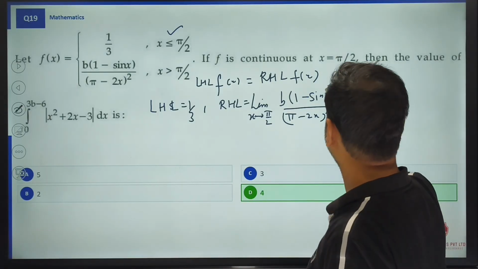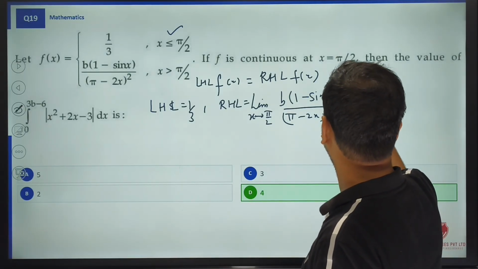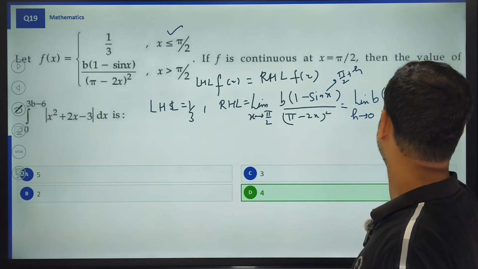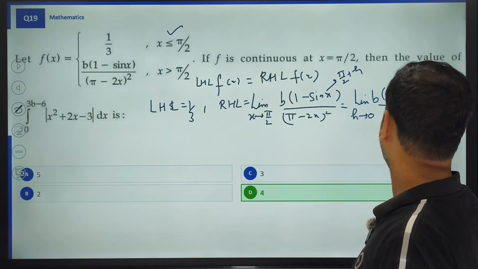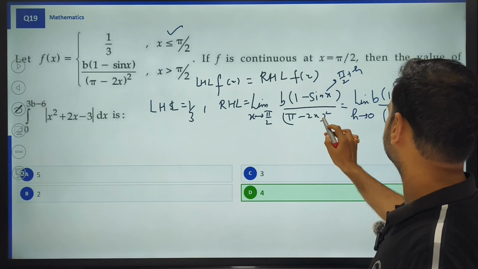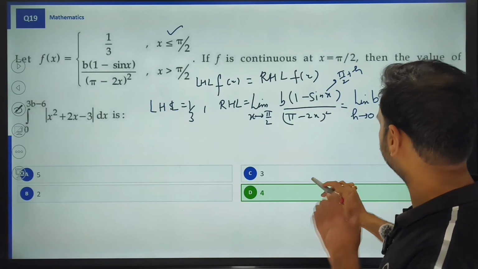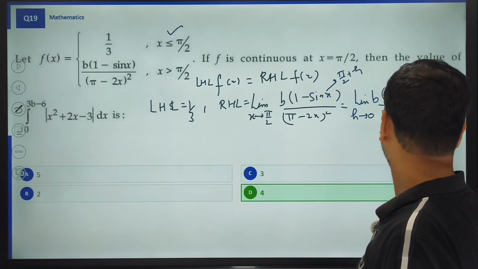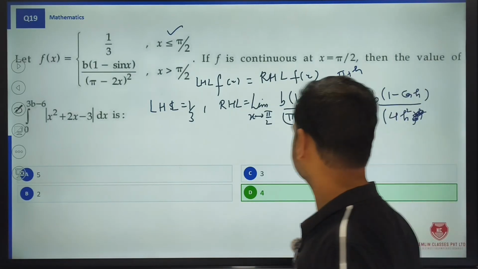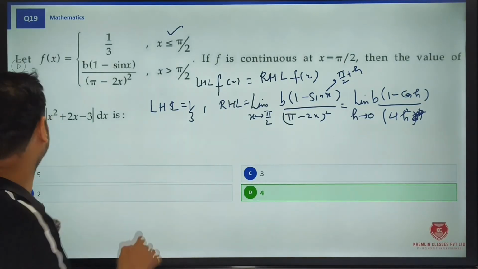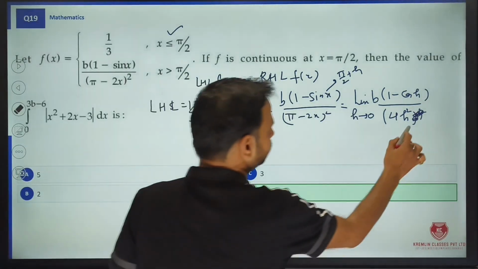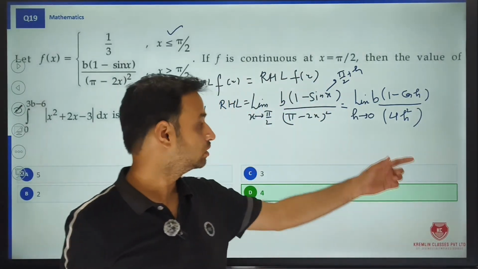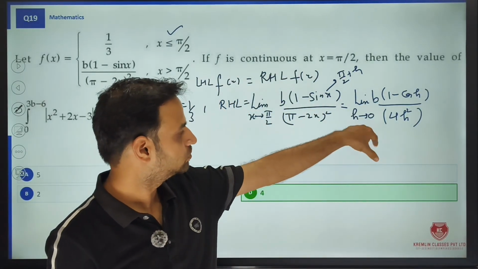When we put pi by 2 plus h, this is the second quadrant. In the second quadrant, sine is positive. So this is 1 minus cos h upon (pi minus 2h) whole square, so it will be 4h square. Here this is 4h square. We can rub it for clarity. It is 4h square.